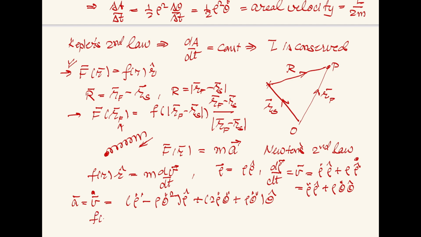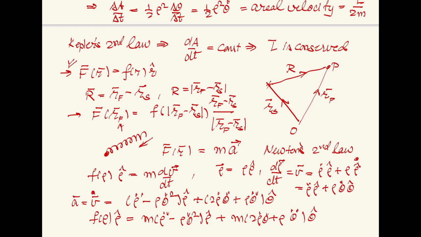So I'm going to get f of rho, and I think I should be using rho everywhere and not r. So I can have f of rho cap. So f of rho cap is going to be equal to m into rho double dot minus rho theta dot squared rho cap plus m times twice rho dot theta dot plus rho times theta double dot times theta cap.